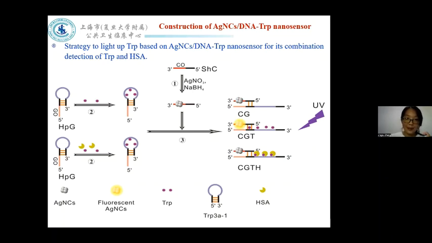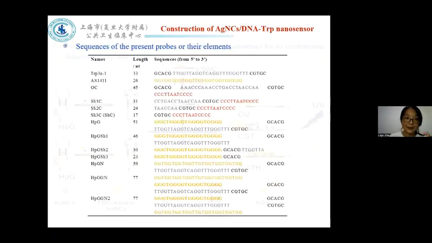In the absence of tryptophan, the hybrid, which we call CGT, can emit enhanced yellow fluorescence. In contrast, in the presence of both HSA and tryptophan, the hybrid, which we call CGTH, shows little fluorescence again. In the table, we show the sequences of the probes and all their elements in our study.